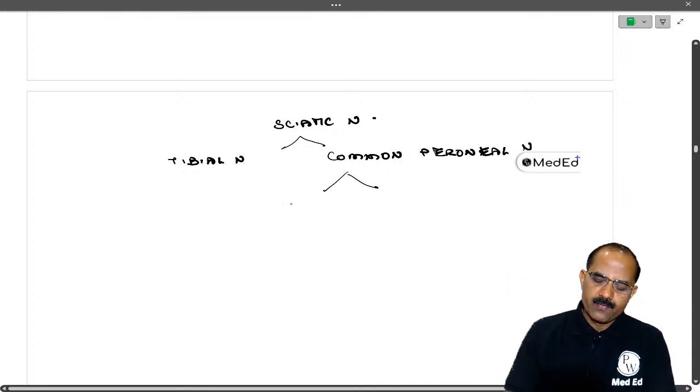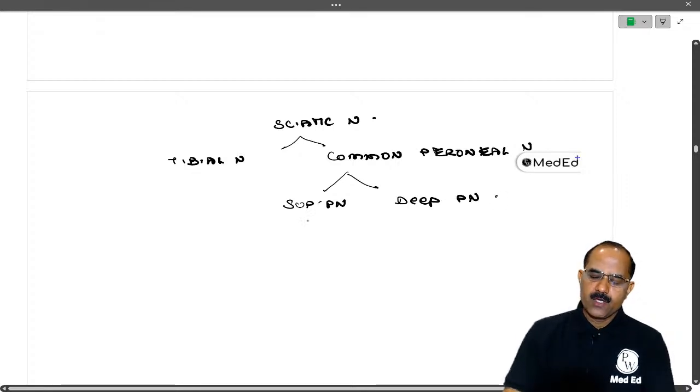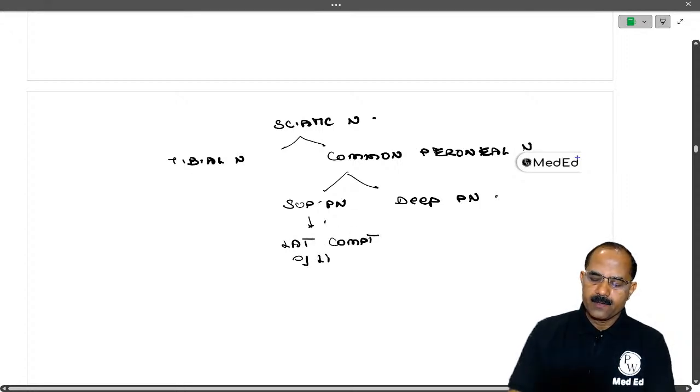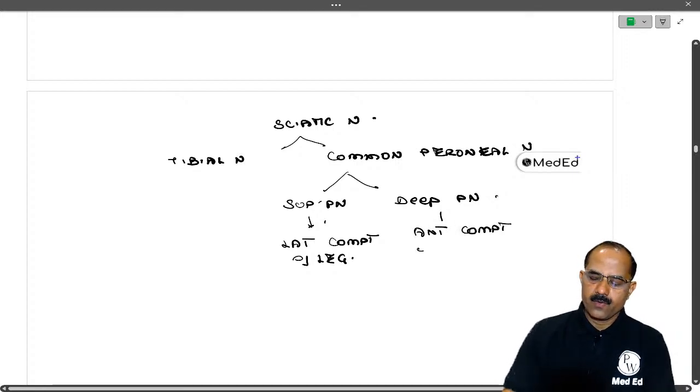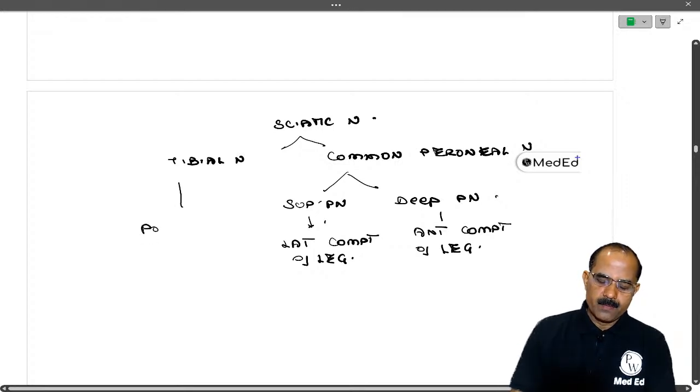It divides into a superficial peroneal nerve and a deep peroneal nerve. Superficial peroneal nerve goes to which compartment of the leg? Lateral compartment. Deep peroneal nerve goes to which compartment? Anterior compartment. And tibial nerve goes to which compartment? Posterior compartment of the leg.